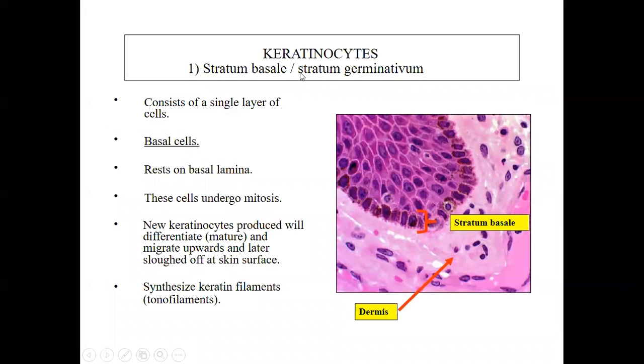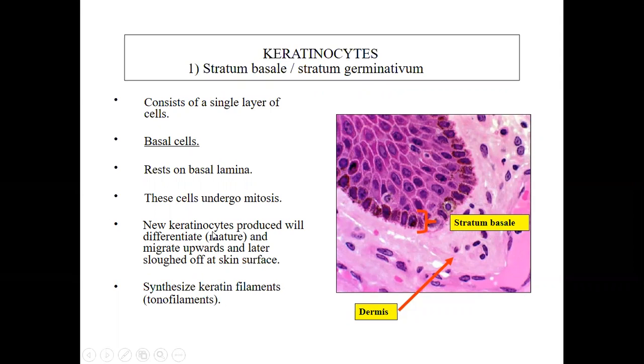The stratum basale or stratum germinativum consists of a single layer of cell. So you can see here only a single layer of cell. It is actually made of basal cells. Usually the cell rests on the basal lamina. So down here we have the basal lamina. This cell will divide and undergo mitosis.